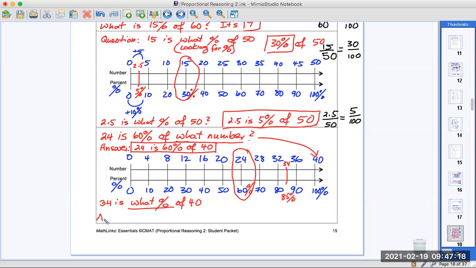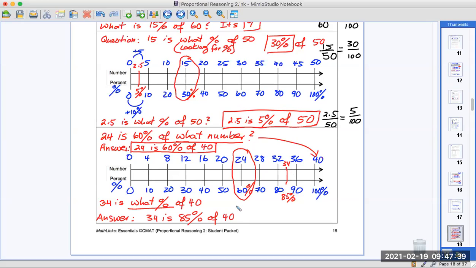So my answer is going to be perfect again. 34 is 85% of 40. Because 85 is halfway between 80 and 90. Because 34 is halfway between 32 and 36.